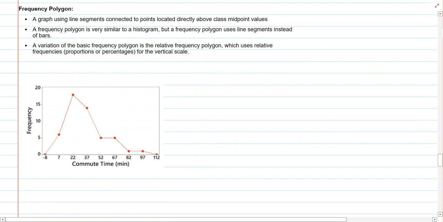A polygon is a multi-variable structure. So in this one, we're talking frequency polygon, which means multi-changes within the structure of the data. The graph uses a line segment connected to the points located directly above the class midpoint values. Midpoint. So we're still talking classes.